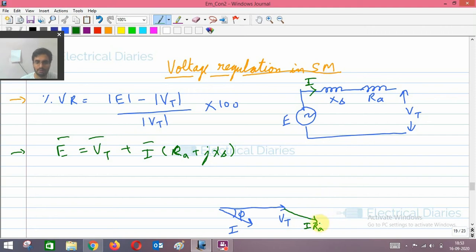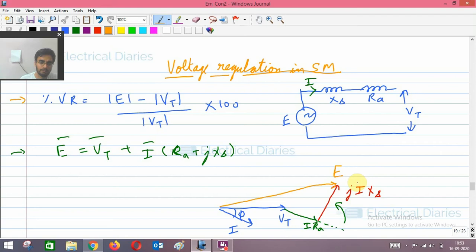So anti-clockwise from this, in this fashion, you will draw your jIXS axis in this way. Now VT plus IRA plus jIXS is equal to your E. So your E will come out to be this. So this is the phasor diagram.